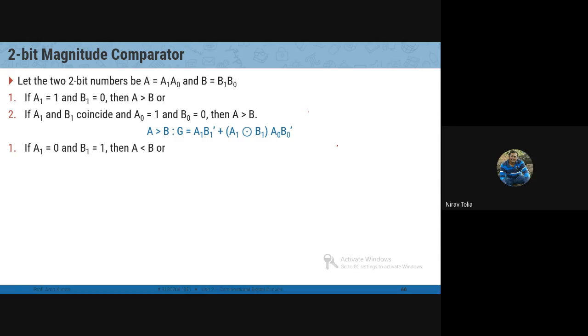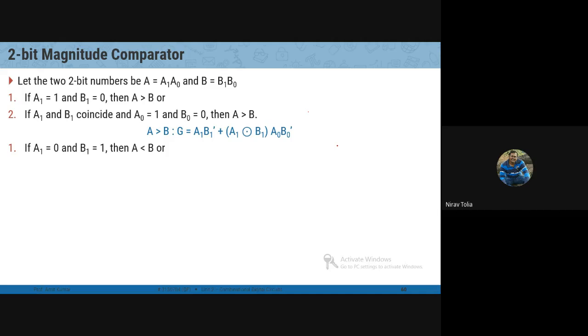If my A1 is 0 and B1 is 1, we do not have to focus on A0 and B0 at that time, because the MSB of A is 0 and the MSB of B is 1. So we do not have to focus on A0 and B0. My A must be less than B.